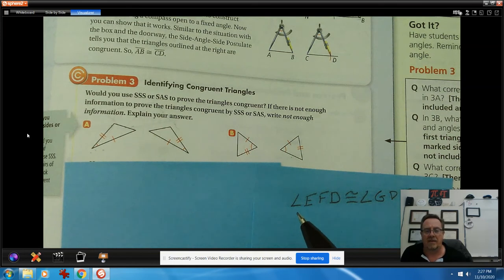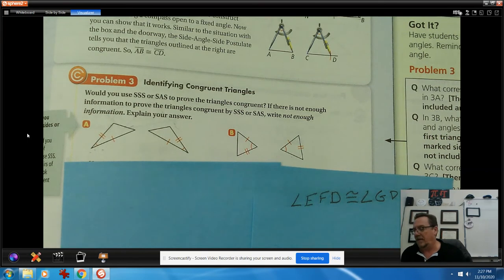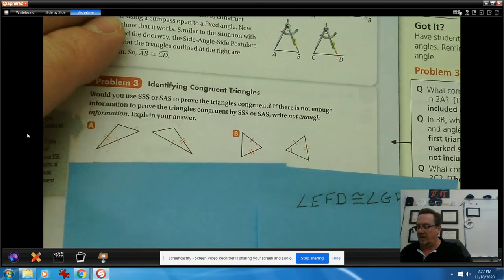No, I can't. And the reason I can't is even though this angle is the included one here, this one's not. These two angles, right, are not both the included angles. Therefore, I cannot say that those triangles are congruent. There's not enough information.